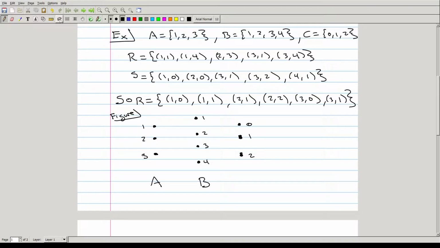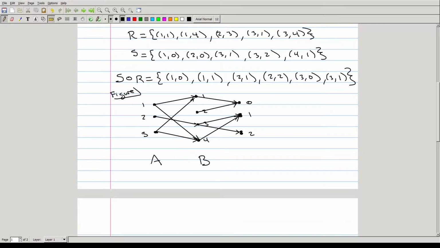And in R, we have that (1,1) and (1,4) are in the relation. (2,3) is in the relation. (3,1) is in the relation, and (3,4) is in the relation. And then for S, (1,0) is in the relation, (2,0) is in the relation, (3,1) is in the relation, (3,2) is in the relation, and (4,1) is in the relation.